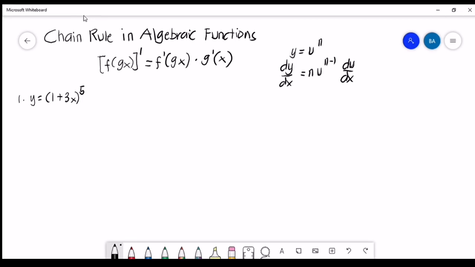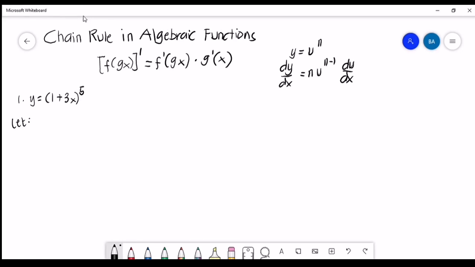So in this kind of example, I think the best method or technique to solve this is the substitution method. So let u be equal to 1 plus 3x.